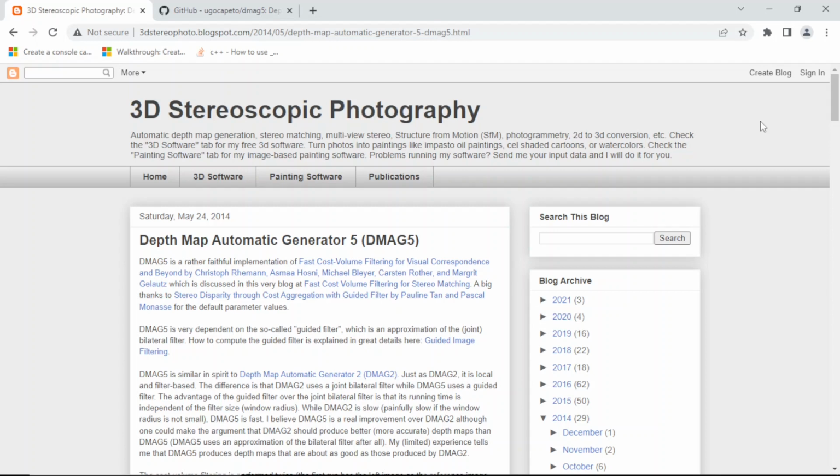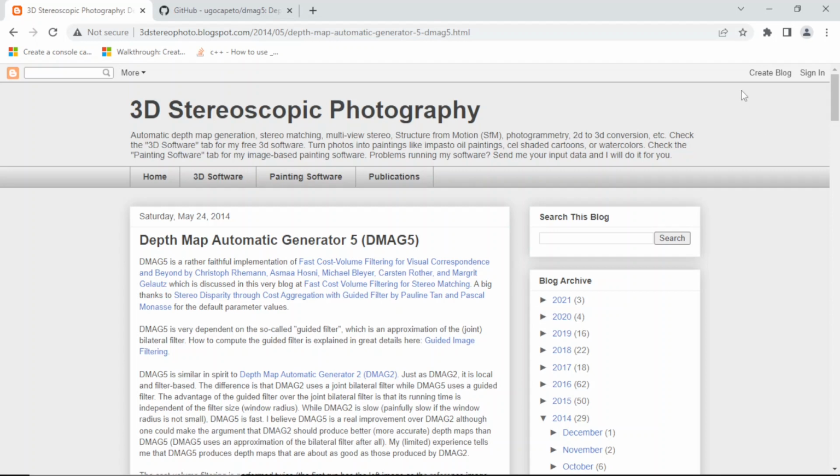But DMAG2 will always be slightly better than DMAG5. So, it's a trade-off. DMAG5 is much faster than DMAG2, especially for larger radiuses or radii. So that's why DMAG5 is used the most.